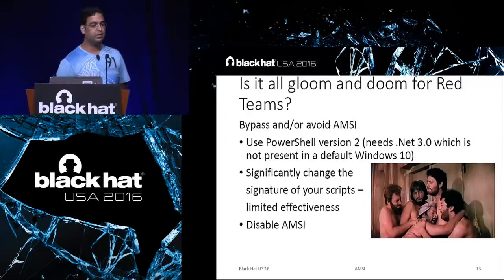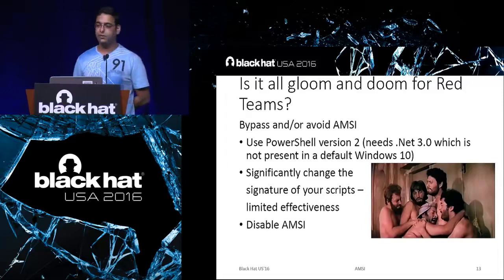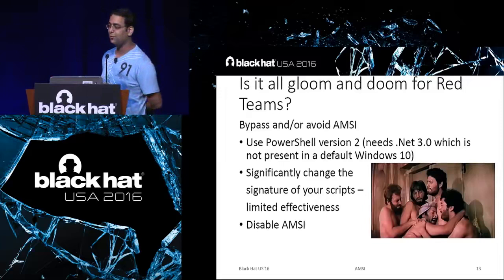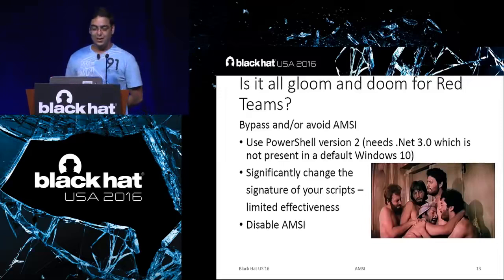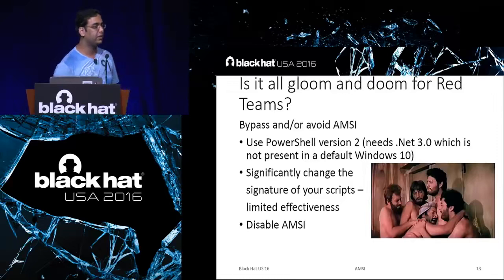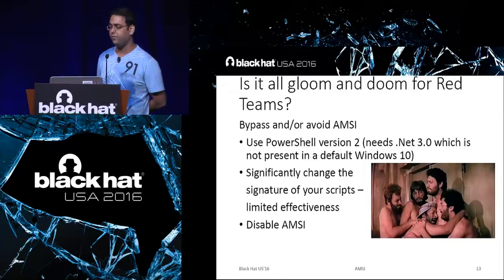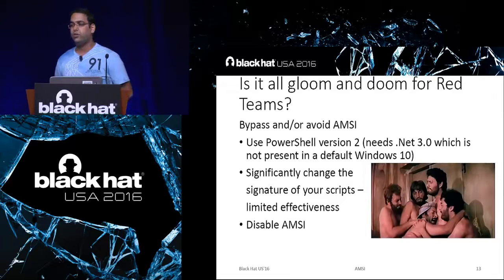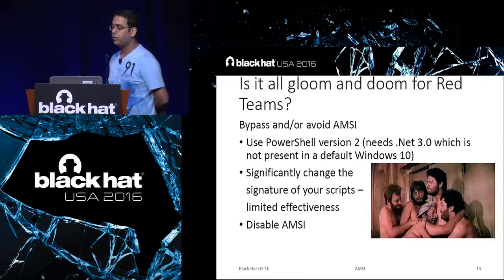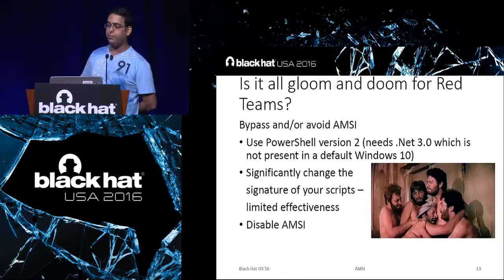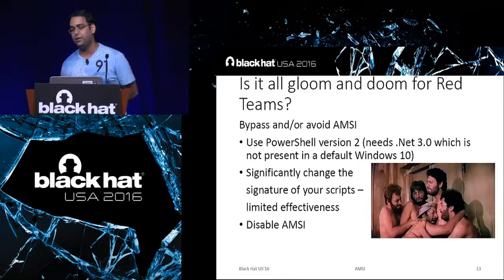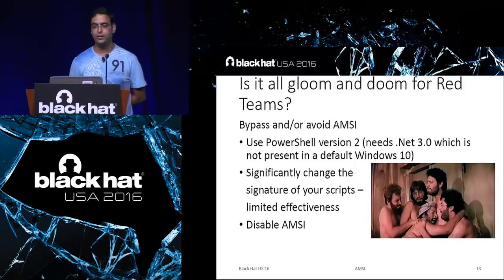Interestingly, it's not me who came up with the smarter ways of bypassing it. It's other people. I'm just going to talk about it. If you look at the version of PowerShell which comes up in Windows 10, on my box it's version 5. On a version 5 box, if you have the capability of running PowerShell version 2, AMSI has no way of stepping in, and that's a known thing.